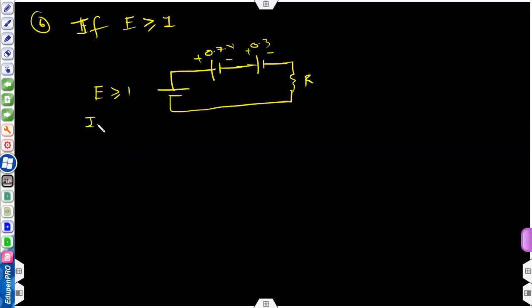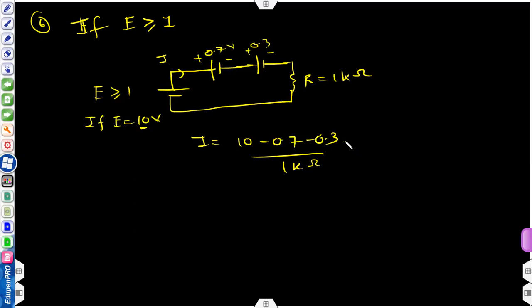So if E is equal to, let's say, 10 volt, and R is equal to 1 kilo ohm, then I will be given by 10 minus 0.7 minus 0.3 divided by 1 kilo ohm. So you will have 9 by 1 kilo ohm, so 9 milliampere like this.